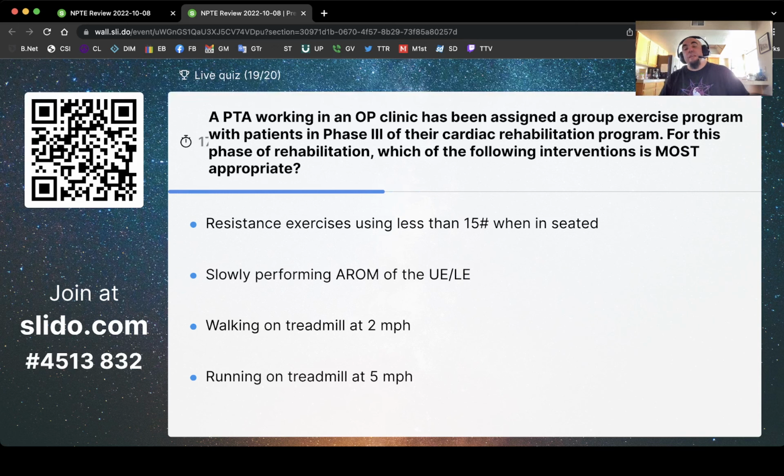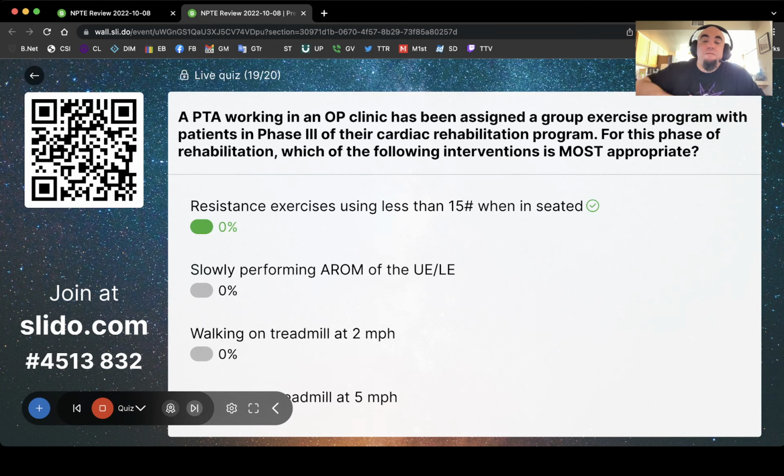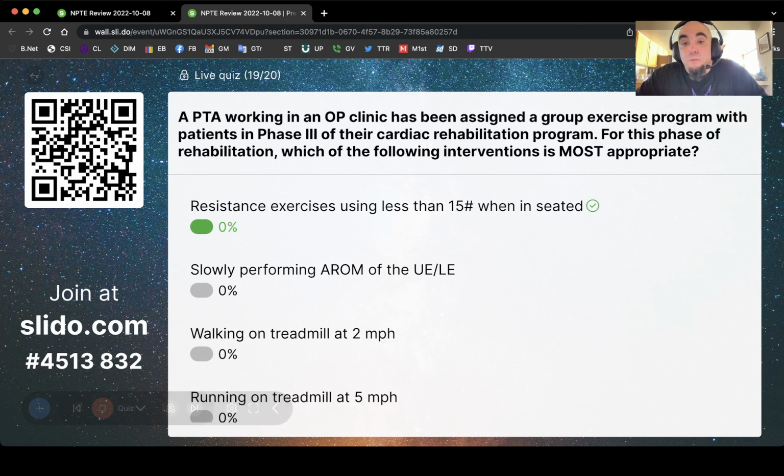So at this point in phase 3, we know that we're able to start definitely doing some resistive training. So that's a possibility, right? And we know that we can do some cardio training as well. So that's a possibility on the treadmill. But your best option at this point, because phase 3 is typically considered when we start resistive training or increasing that resistive training, right? Slowly performing AROM of the upper extremity, lower extremity is more in phase 1, phase 2, right?